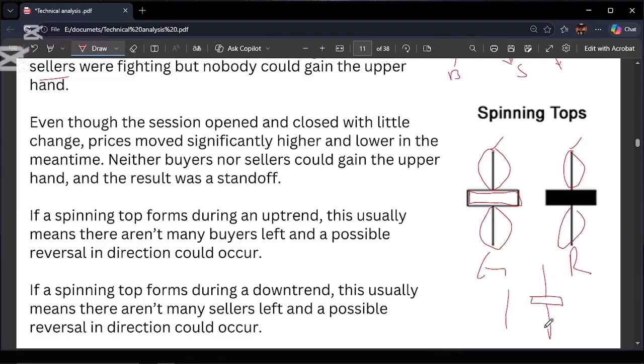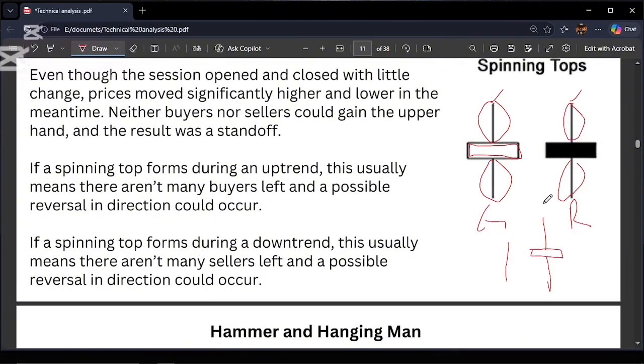The market communicates via candlesticks. If you learn the meaning of these candles and why they form, then you will be good to go into a trade, because you'll be understanding the language of the market. So when these candlesticks form, what should we know? If a spinning top forms during an uptrend, this usually means there aren't many buyers left and a possible reversal could occur.